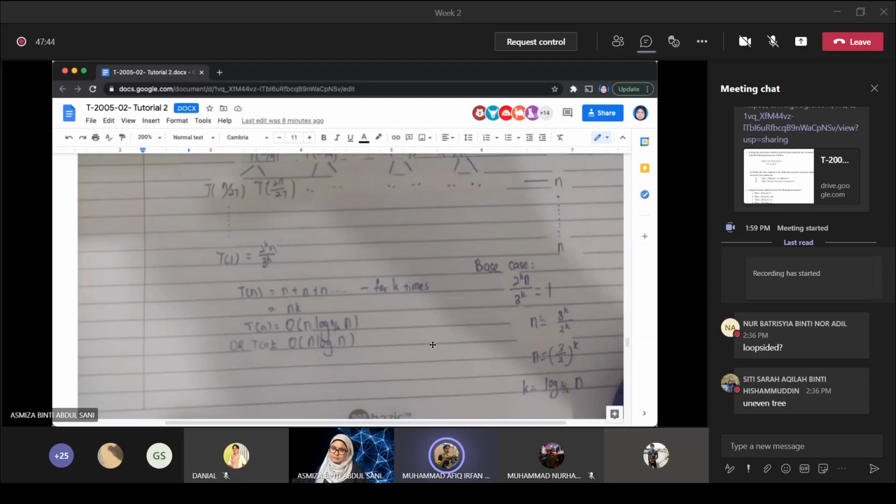Because in the previous question, the branches were all the same, so we could easily get the T1 formula, like before, n over 2 to the power of k. But this one, the children are different. So how do we confirm the formula?